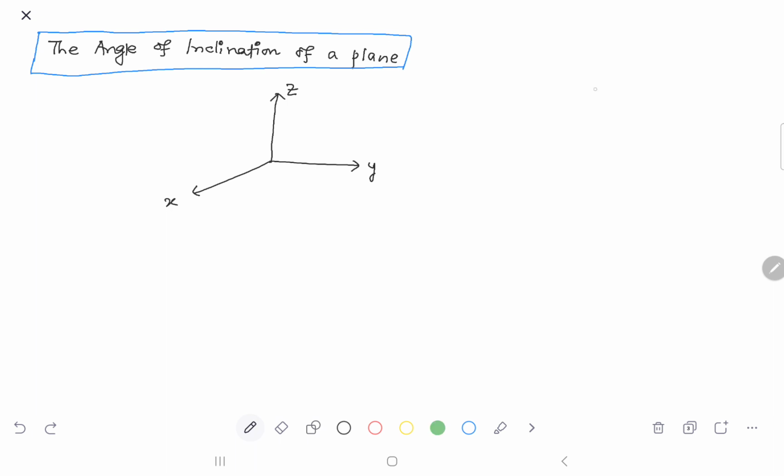When you did two-dimensional calculus, if you have a function y equal to f(x) and consider a point P, we are interested in the tangent line, how much angle it makes with the positive x-axis. That we call the inclination of the tangent line, right?